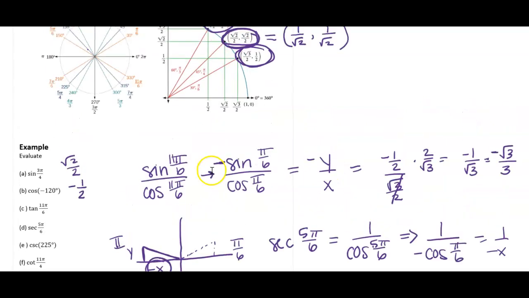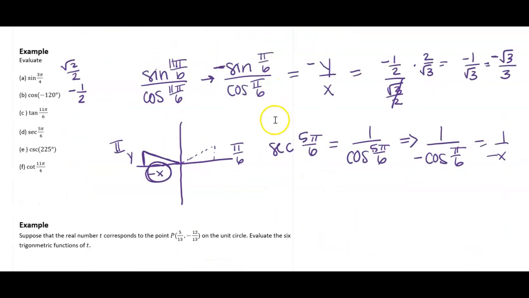All right, so let's go to pi over 6, and that x value is √3 over 2. So when I take the reciprocal, I get here, and if I want to rationalize the denominator, then that's going to be my answer.